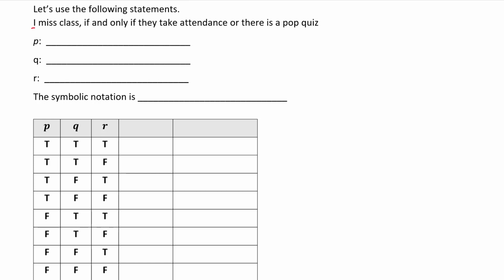So let's see, I miss class, we'll call that P. If and only if they take attendance, so that's another statement, so they take attendance, we'll make that Q. Or there is a pop quiz. We'll call that R.